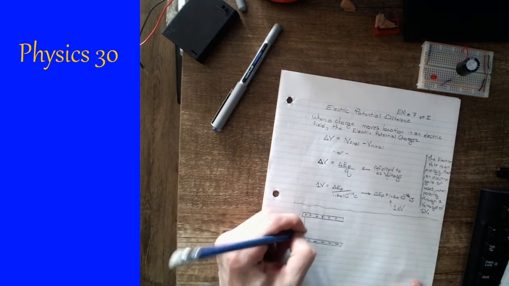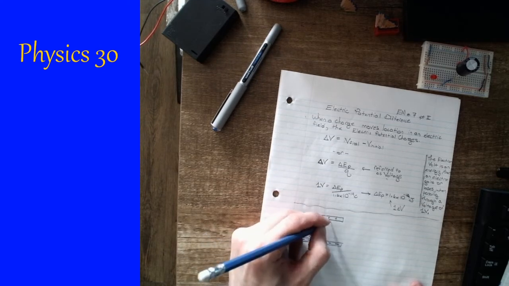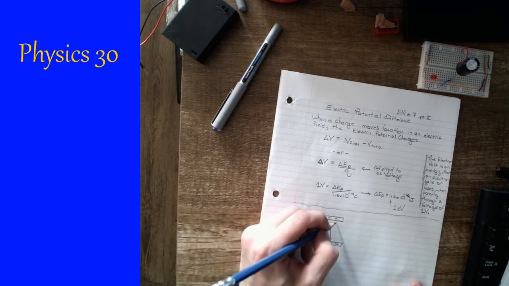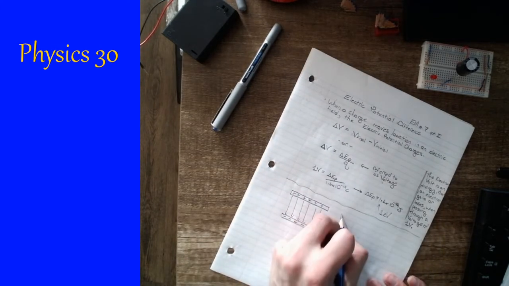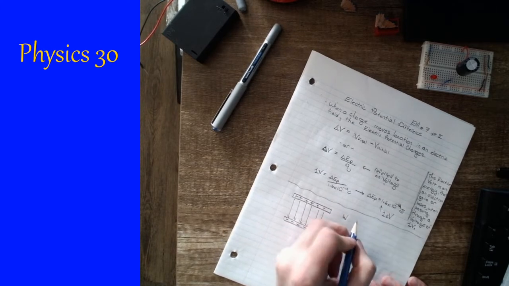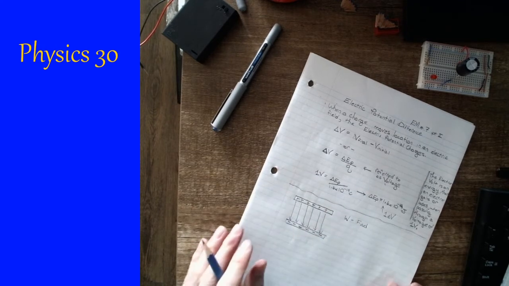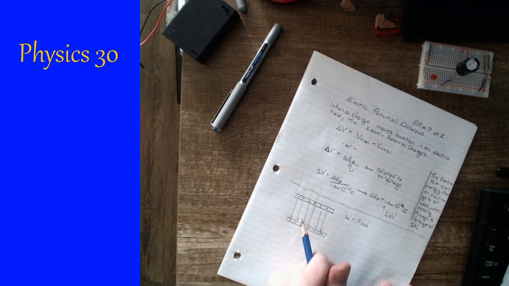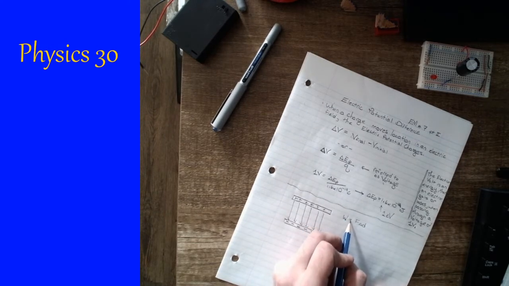So we have our electric field, and here we get to say that the work done is equal to the force multiplied by delta D. And you can always say that.